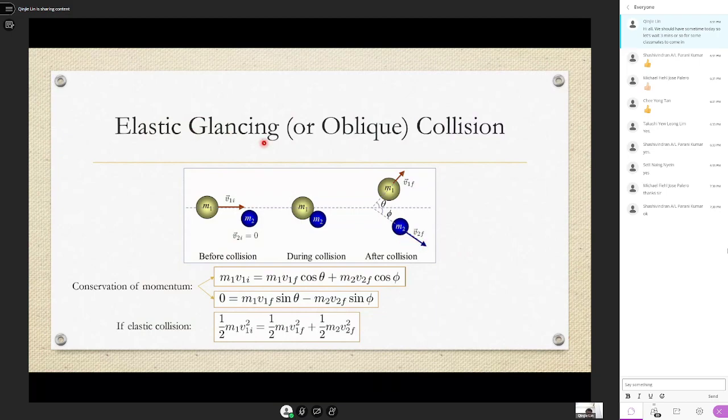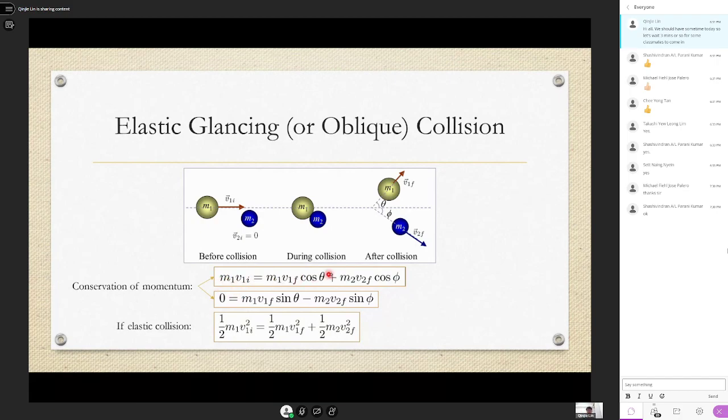This is called a glancing or oblique collision, the opposite of head on. So it naturally becomes a 2D collision. If you go head on, they go away in the same direction, that's 1D. But at any other angle, if you don't collide head on, you will always end up in a 2D collision. So you can write out two different equations, one for each direction.